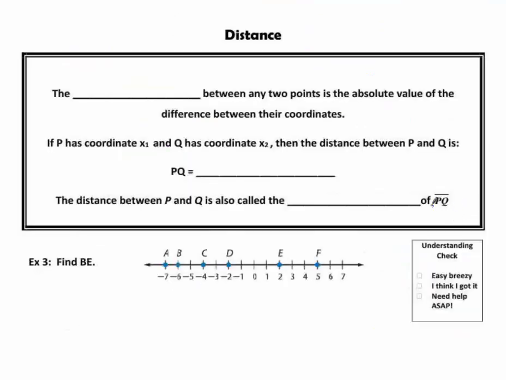All right, moving on, we've got one more page. We're almost done. We're going to talk just for a minute about distance. The distance between any 2 points is the absolute value of the difference between their coordinates. So if P has coordinate x1 and Q has coordinate x2, then the distance between P and Q, and you have to learn to understand language like this.